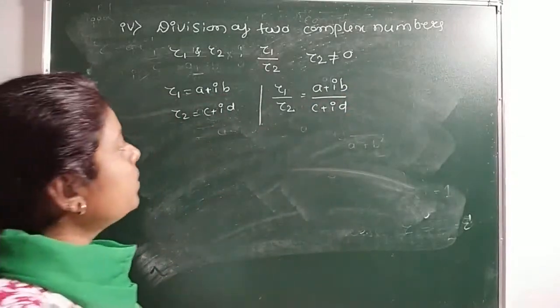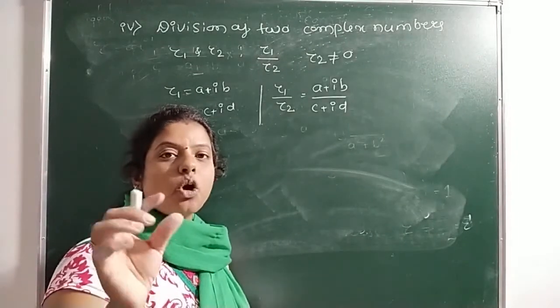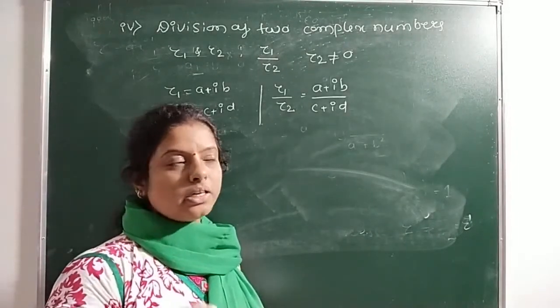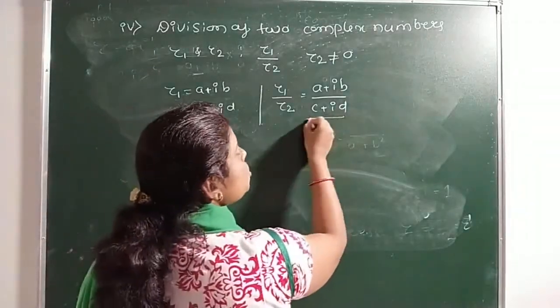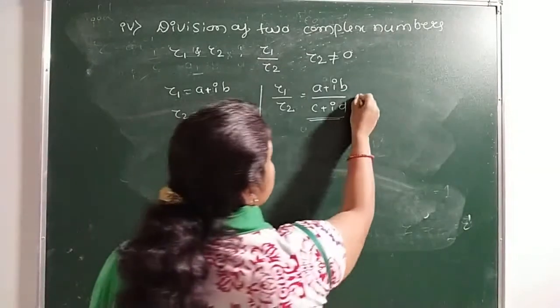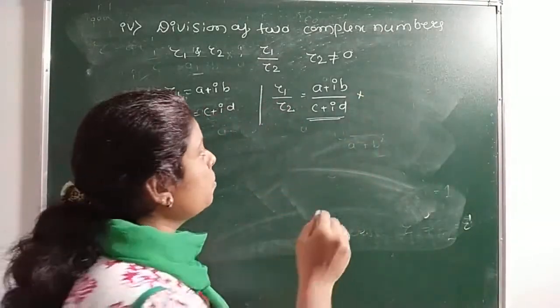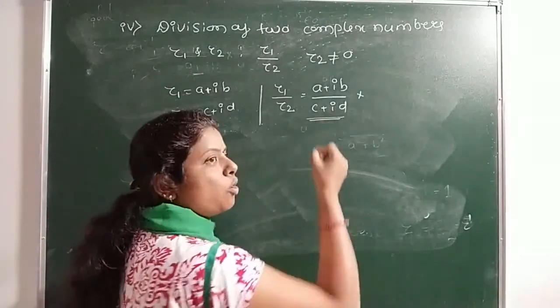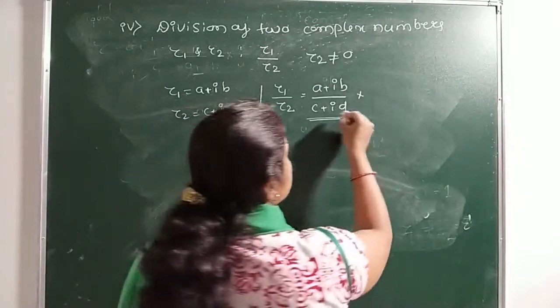Whenever you get the division of two complex numbers, with a complex number in the denominator, for simplification you take the conjugate of the denominator. As I already told you, you change the middle sign of the denominator to get its conjugate.